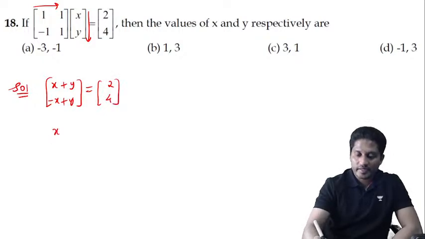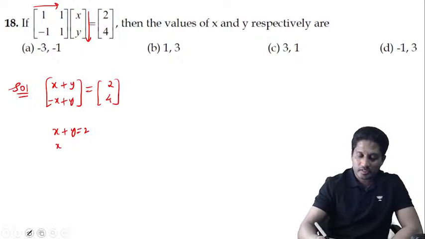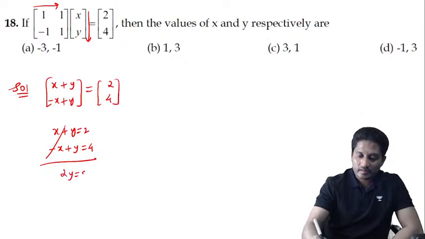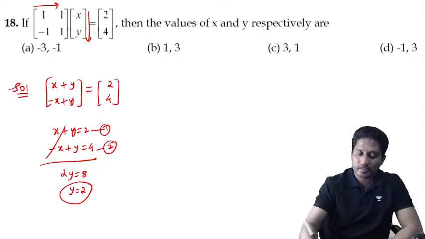Now, if I equate, you get x plus y is equal to 2, and minus x plus y is equal to 4. This will cancel. You get 2y is equal to 8. That is y is equal to 2. Y equal to 2, if I substitute in equation 1, x will also be 2, right?